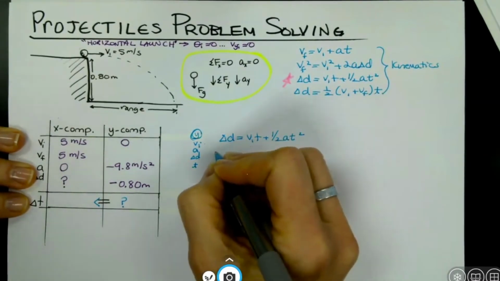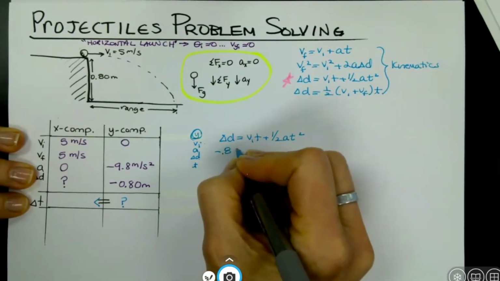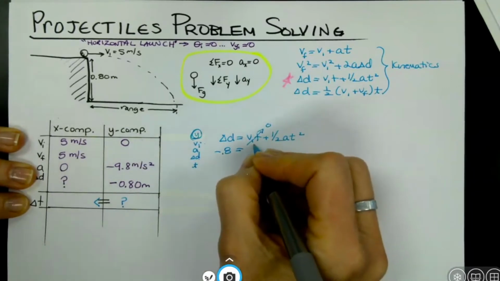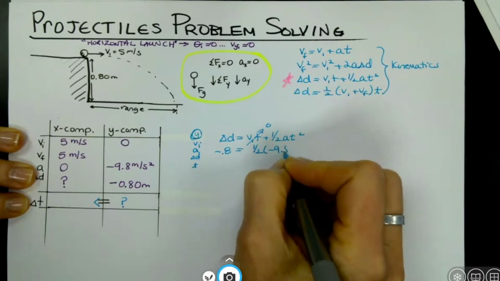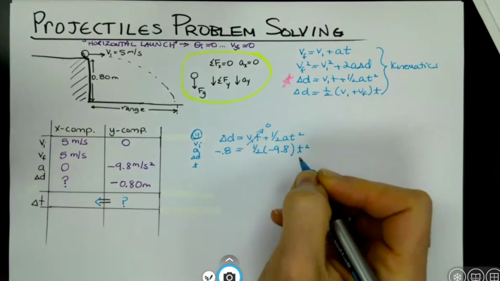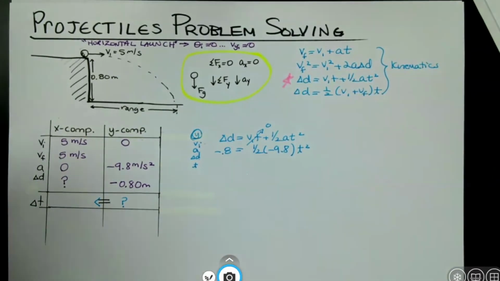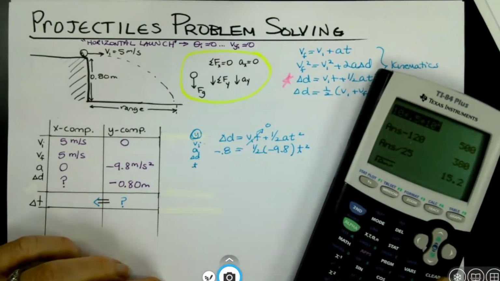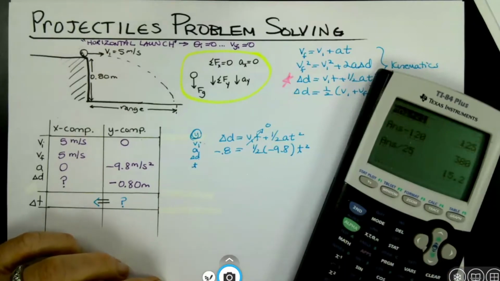So delta d is negative 0.8. Initial velocity is 0, so that term drops out. This is negative 9.8. So now I can solve for time. Take out the calculator. Sorry, having calculator problems here.